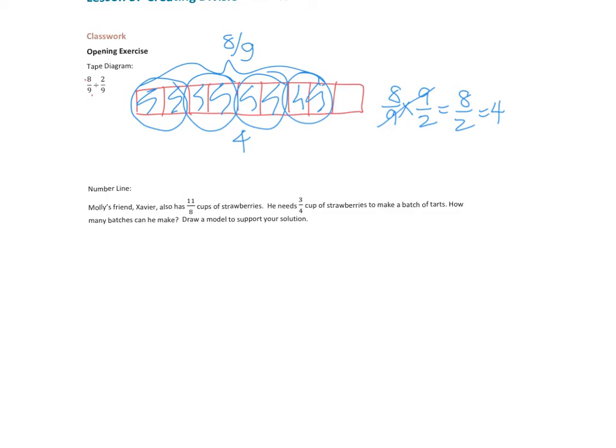So Molly's friend Xavier, I think we've read something similar to this, has 11/8 cups of strawberries. He needs 3/4 cups of strawberries for every batch of tarts. Yeah, that sounds similar. How many batches can he make? Draw a model, and they're telling me they want me to do a number line.